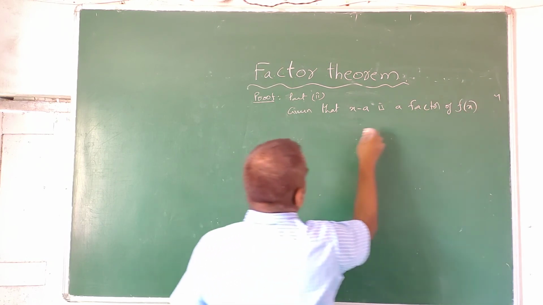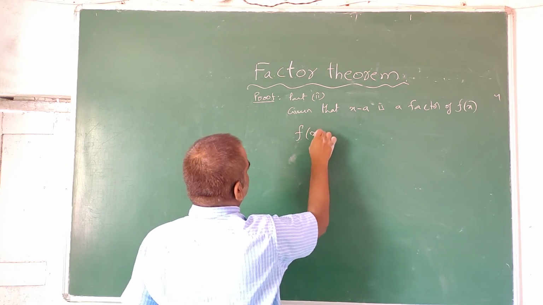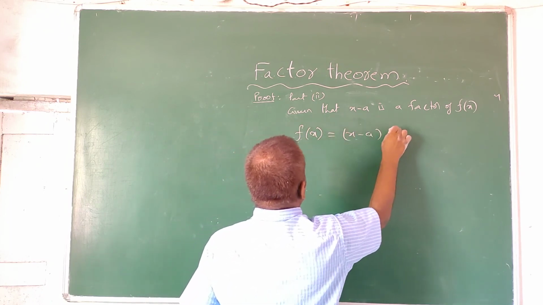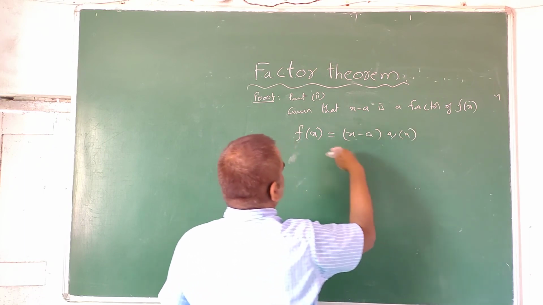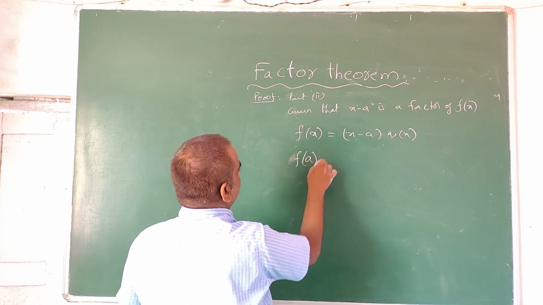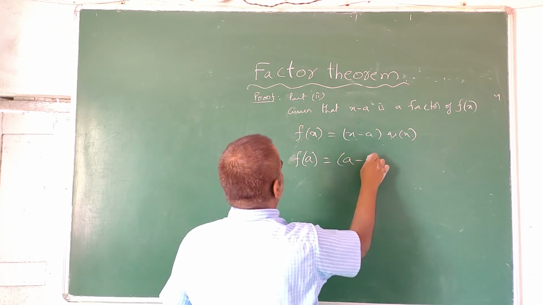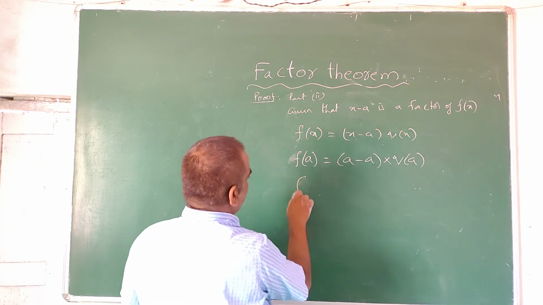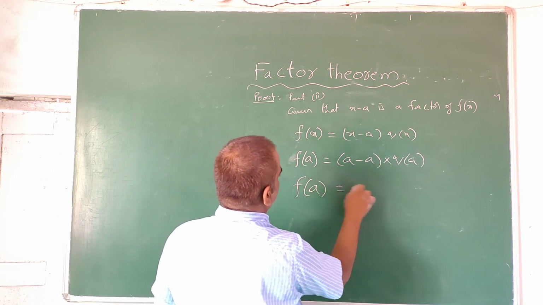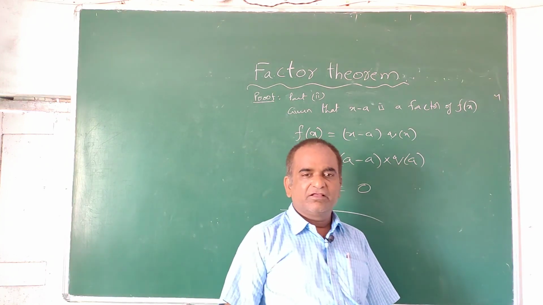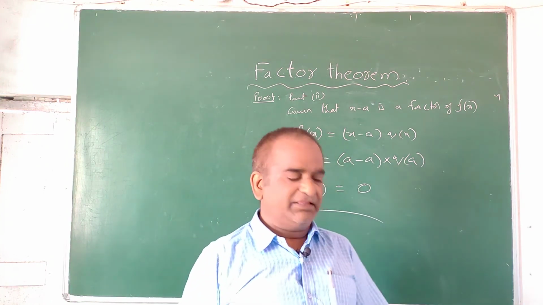So, when x minus a is a factor of f of x, obviously f of x would be x minus a into some polynomial q of x, because it is a factor. Now, you put x is equal to a, then f of a would be a minus a into q of a. So, f of a is equal to 0 into something, 0. So, both ways we have proved. So, with this we have proved factor theorem.